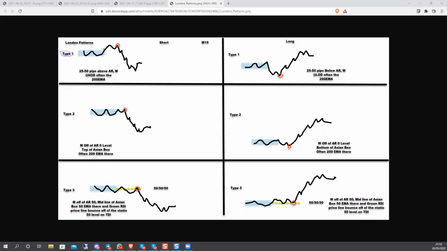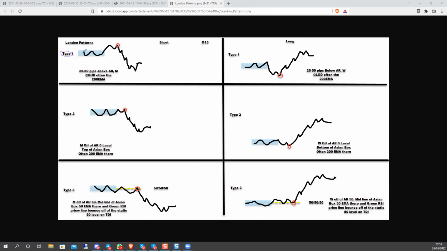Then as we come out of Asia and London starts to open, we see a false move and we see our intraday pattern form from the new high of the day down to the low of the day with 3 intraday pushes and our entry on the second leg of the M formation.